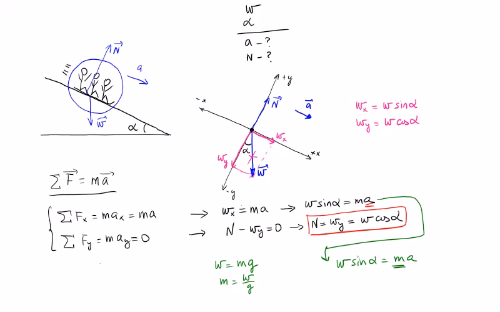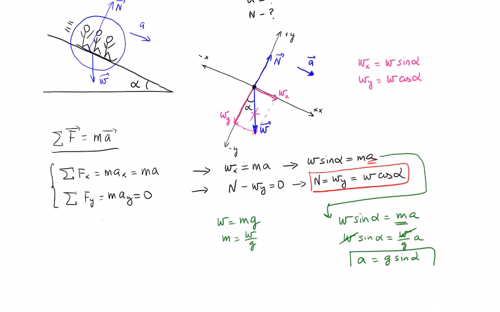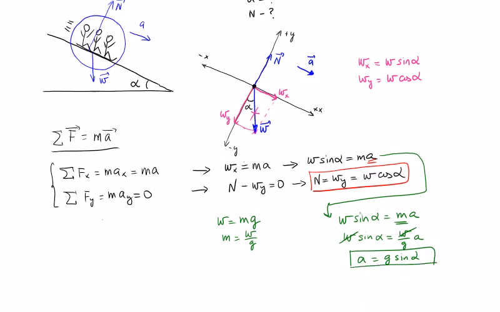So if I plug that in, I get weight sine alpha equals weight over g times a. The weights cancel out, and I end up with acceleration equals g sine alpha. Here's another answer for us.